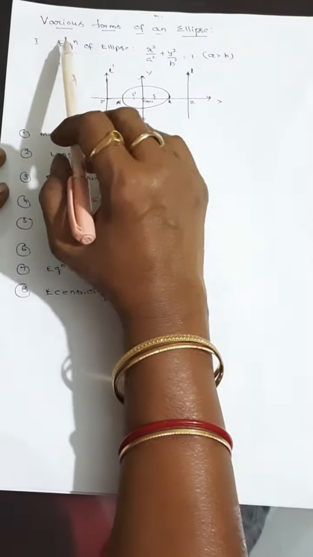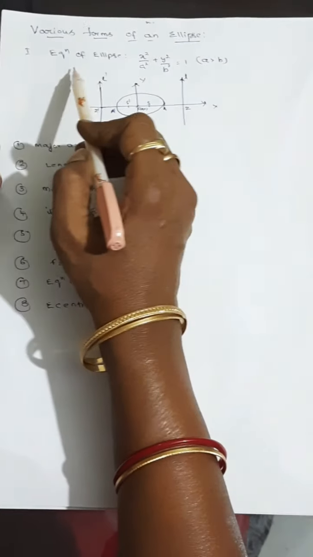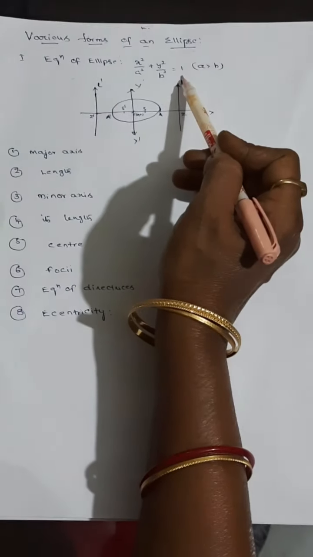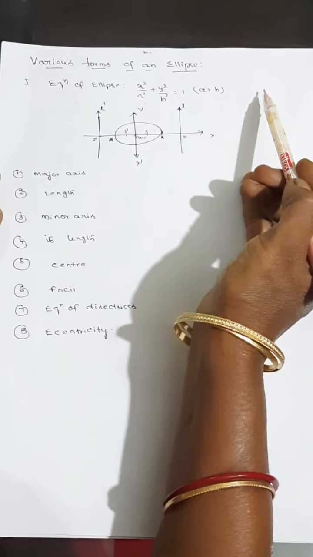Now we discuss various forms of an ellipse. First form: we know the equation of the ellipse is x square by a square plus y square by b square is equal to 1, and a is greater than b, a greater than 0, b greater than 0.